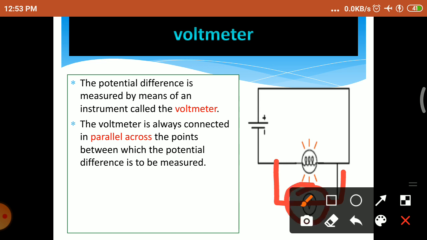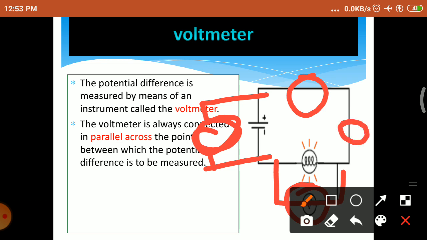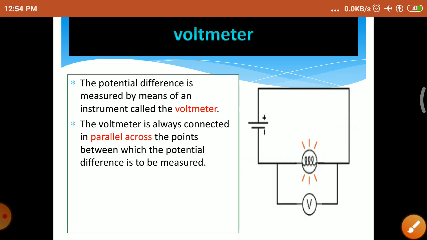If I need to measure the potential difference between this end and this end, I have to connect it here. So the voltmeter is always connected across the terminals, but the ammeter is always connected in series. So this is the difference between the voltmeter connection and the ammeter connection.